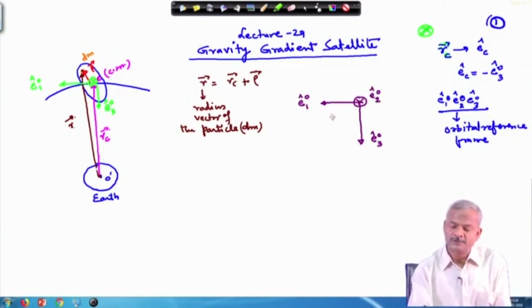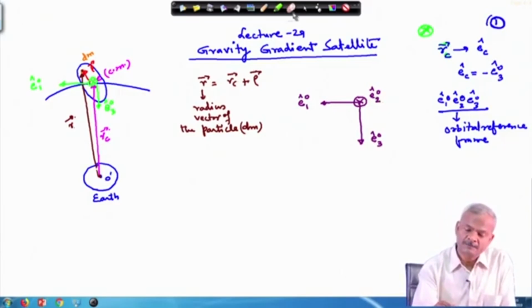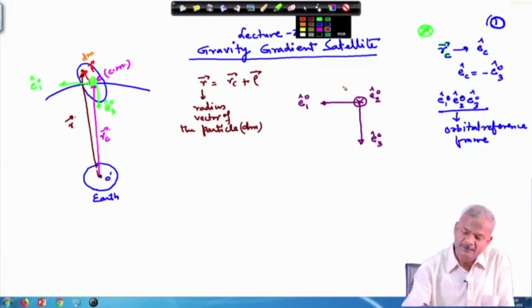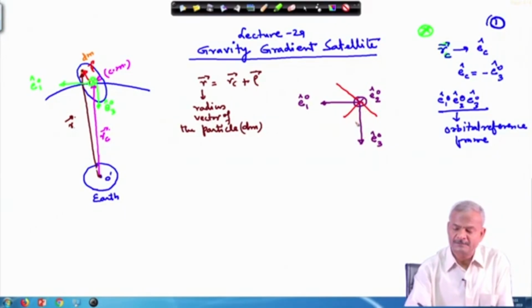This is your orbital reference frame. With respect to this, your body reference frame may be oriented arbitrarily, but again it will form a right handed triad.